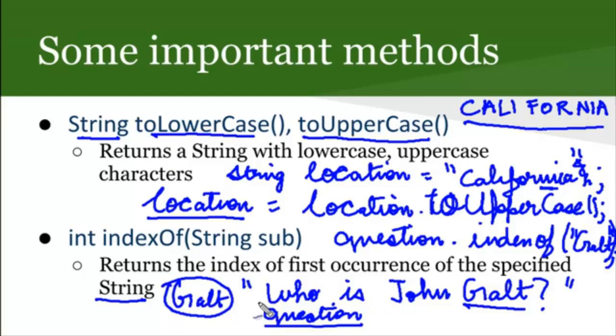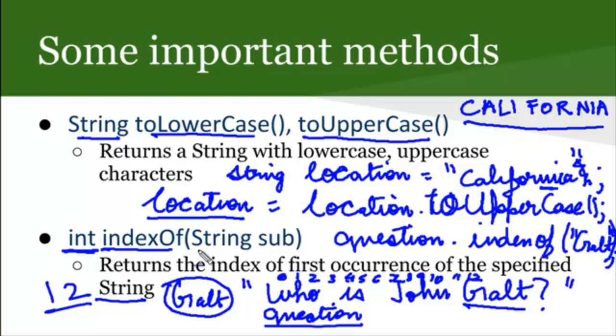So if I start numbering this string, 0 1 2 3 4 5 6 7 8 9 10 11 12, it will return me the integer 12, saying that on the 12th index, on the 12th position, Galt first appears. So that is how the method indexOf is used.